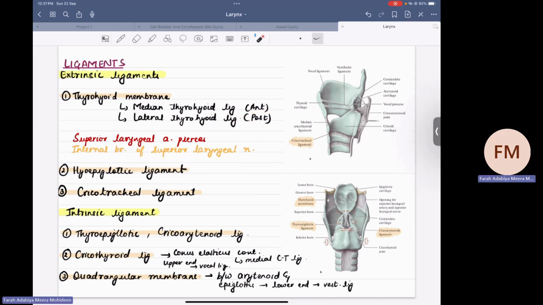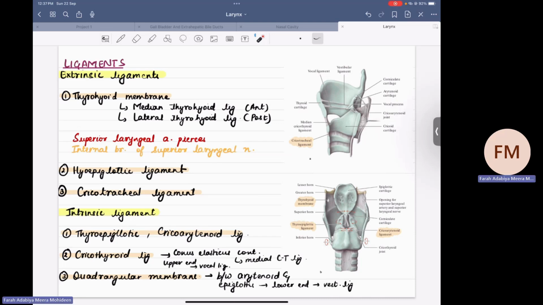Now, as I already said before, there are certain structures that pierce through this particular membrane, which are your superior laryngeal artery and the internal branch of your superior laryngeal nerve. These supply certain muscles of the larynx, which we'll talk about later when we talk about the muscles of your larynx.